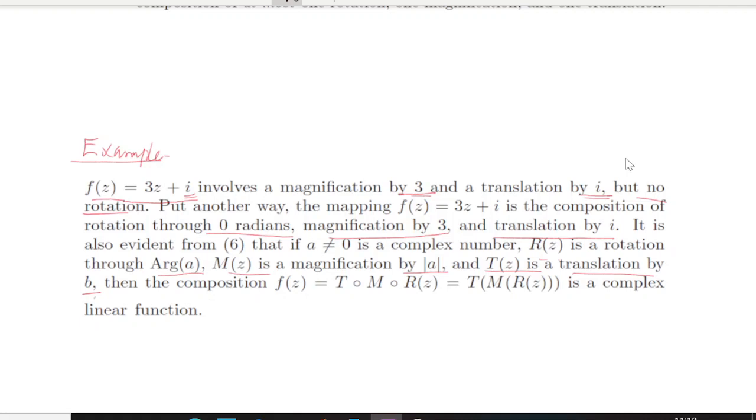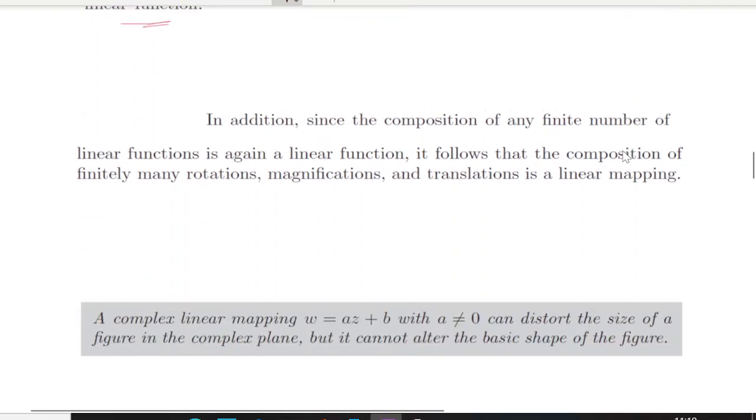Then the composition, as we have examined, T composition M composition R of z is a complex linear function. Now in addition, since the composition of any finite number of linear functions is again a linear function, we will get that the composition of finitely many rotations, magnifications and translations is a linear mapping.